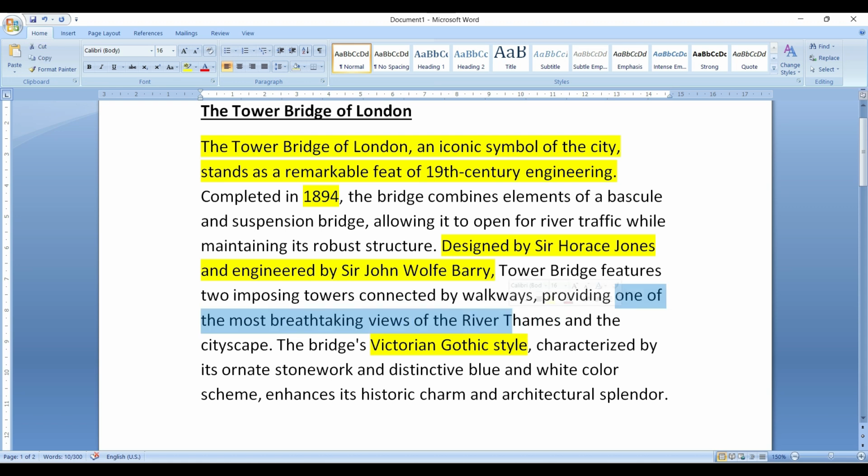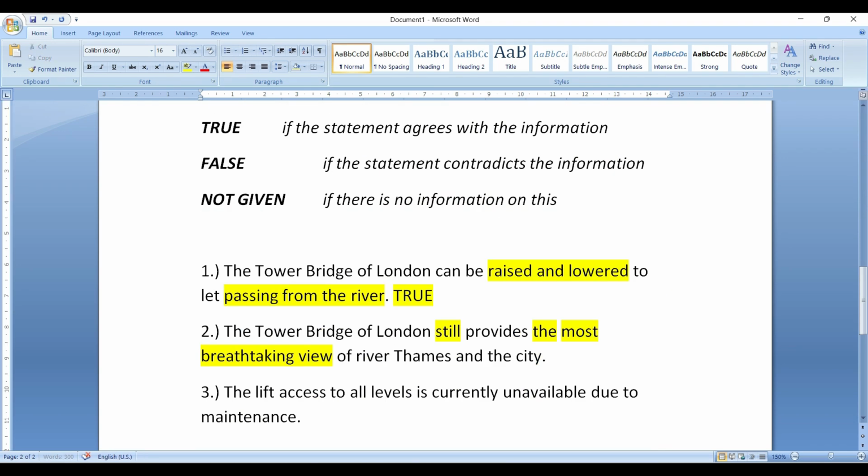The passage never stated that it is the one and only, the most breathtaking view. It is one of the most breathtaking views of the River Thames, because we also have, for example, other breathtaking views from the London Eye or whatever. We don't care. It is one of them. So please pay attention. So, does this statement ring true? No, this statement is false, because we can see the information, but it actually contradicts it.